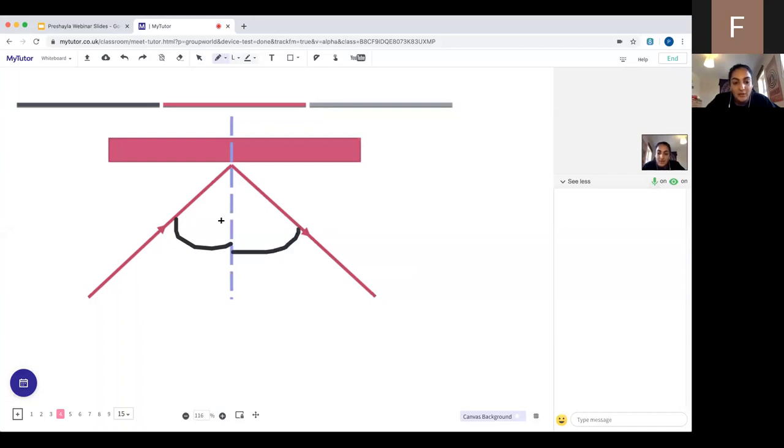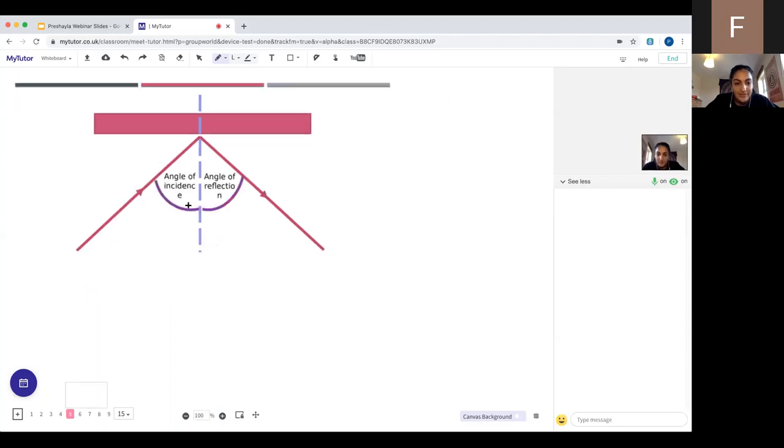So the angle of incidence is here, the angle of reflection is here. Okay, so it's always the angle between the light ray and the normal. Not this angle here, that's between the light ray and the medium. We want the angle between the light ray and the normal.